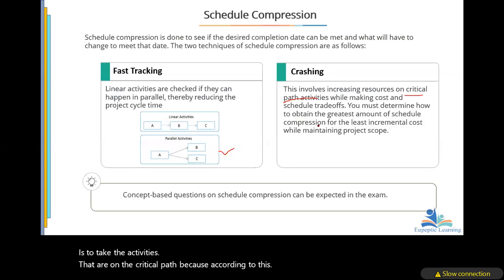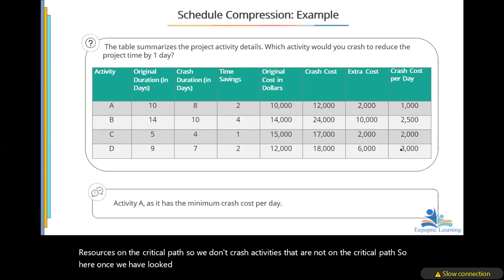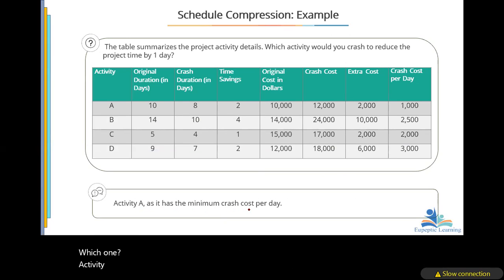So we don't crash activities that are not on the critical path. Which one, activity A, as it has the minimum crash cost per day. Look at the 1,000 crash cost, exactly. So I would rather crash activity A.